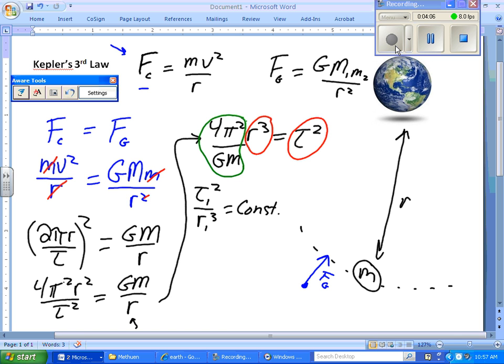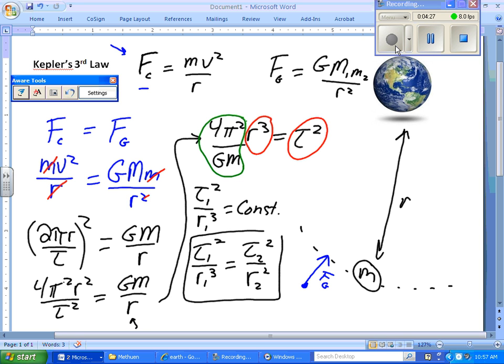And I put little subscripts 1 because that means you can make relations between two different planets within the same system, like so. And that is Kepler's third law. Oops, forgot my cube.